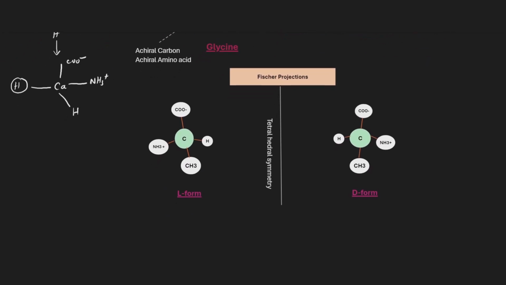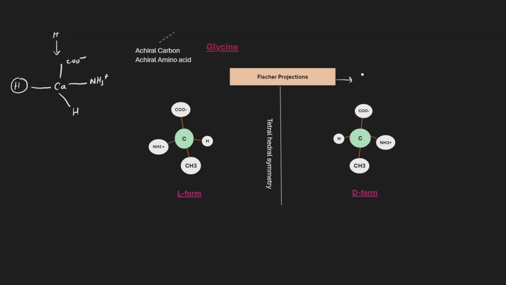Okay, so here we are just going to have a brief explanation of the Fischer projections. I have already told you about the Fischer projections. Fischer projections are here to explain the relationship of the 4 functional groups. So what is the purpose of understanding the Fischer projections in stereochemistry?